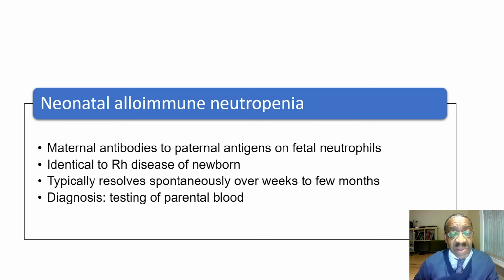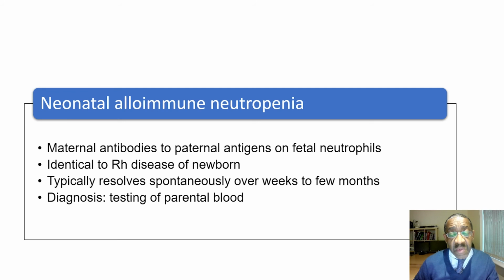Not uncommonly, maternal antibodies to paternal antigens are the cause and affect fetal neutrophils, causing destruction. Usually resolves spontaneously over weeks or a few months, but sometimes associated with infection. So infection, of course, needs to be treated, but testing of parental blood will help with diagnosis.